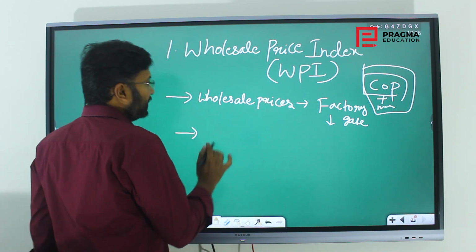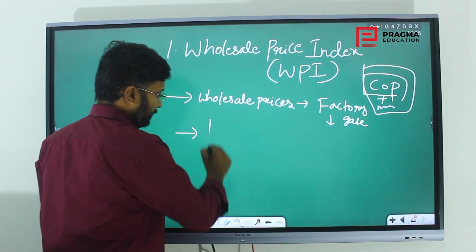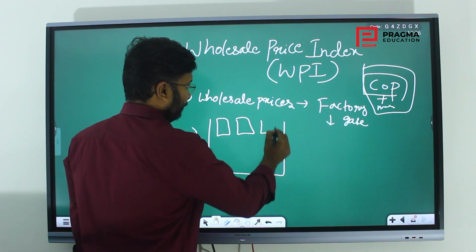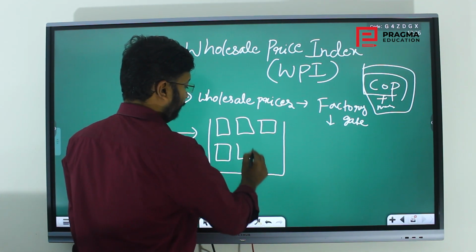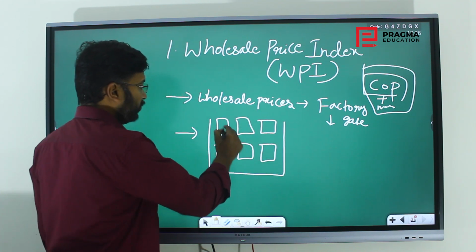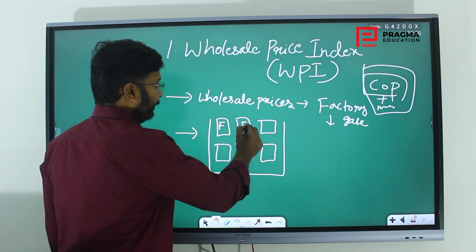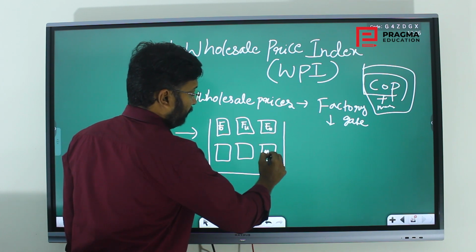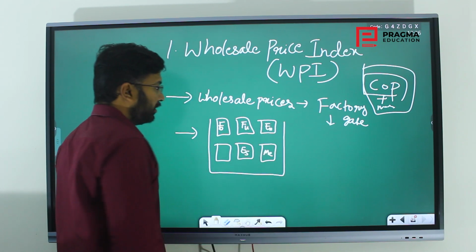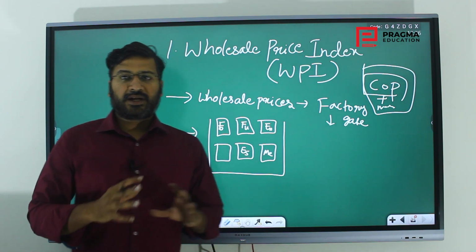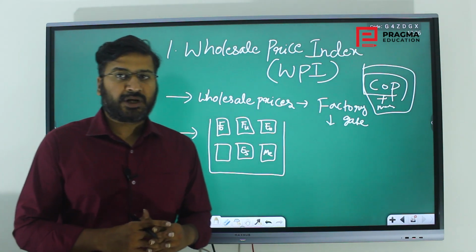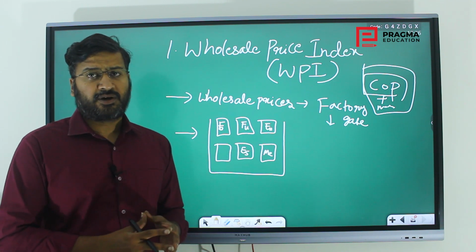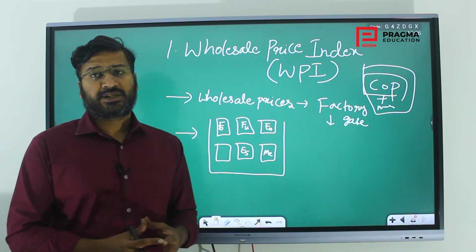So how does it actually measure? There will be a basket. In this basket there will be so many goods: food, fuel, energy, medical, essential, all kinds of goods that are generally very important in the economy and based on which the fluctuation of prices or price destabilization comes.